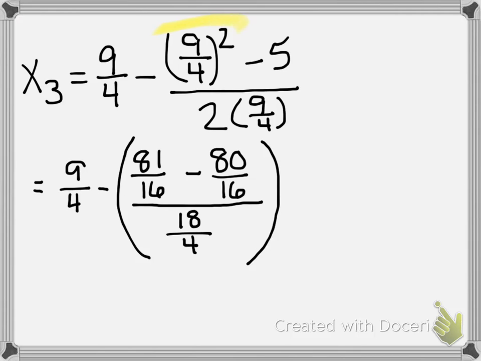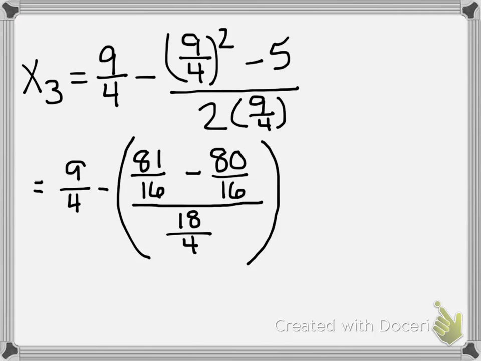Right up here where you have a fraction and it's being squared, you're going to actually do the squaring to both. So right down here, 9 squared is 81, and your 16 is your 4 squared. That's where that comes from.